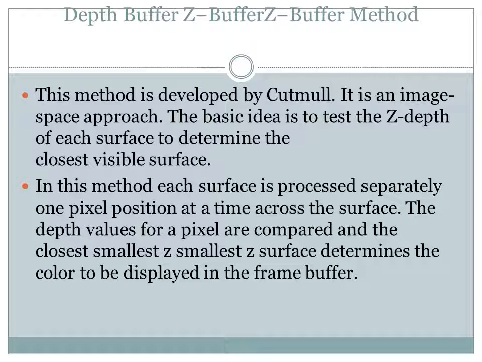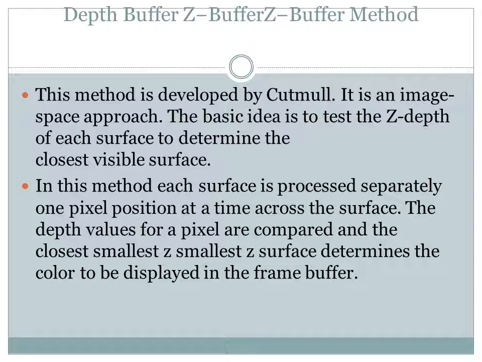So the first one is the Z buffer method. It uses an image space approach. The basic idea of this method is that the Z depth of each surface is to be determined. Each surface is processed separately.